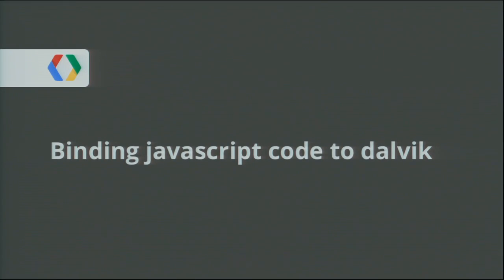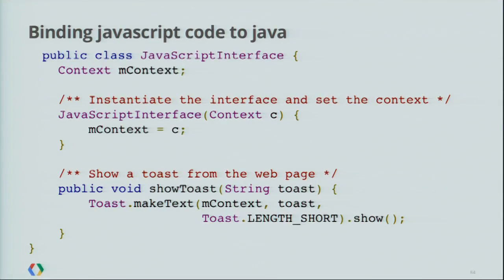The interesting thing with the WebView is that you can bind the JavaScript code to your Dalvik code. You do it in a very simple way. You create this class, and here I'm just defining this showToast method, right? And that takes a string as a parameter. If I call that function in JavaScript, it's just going to show me this little toast message on my application.